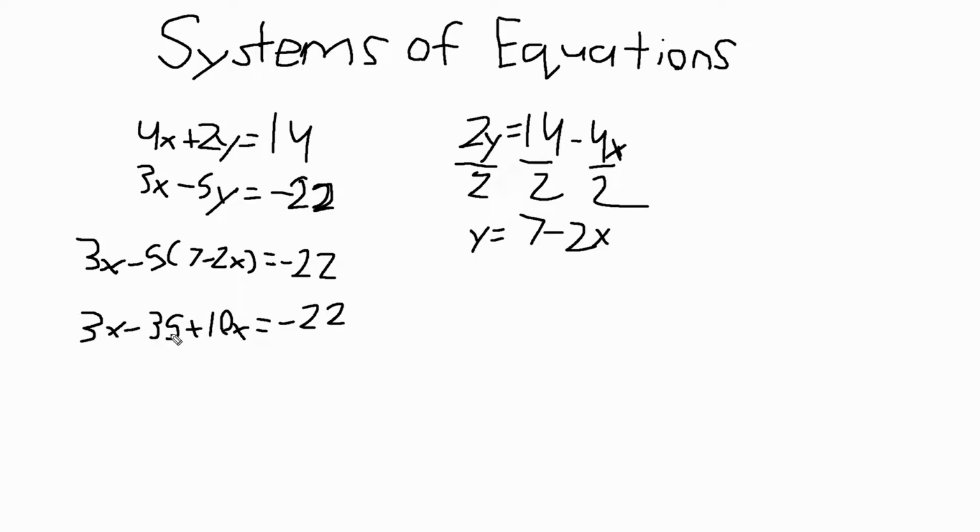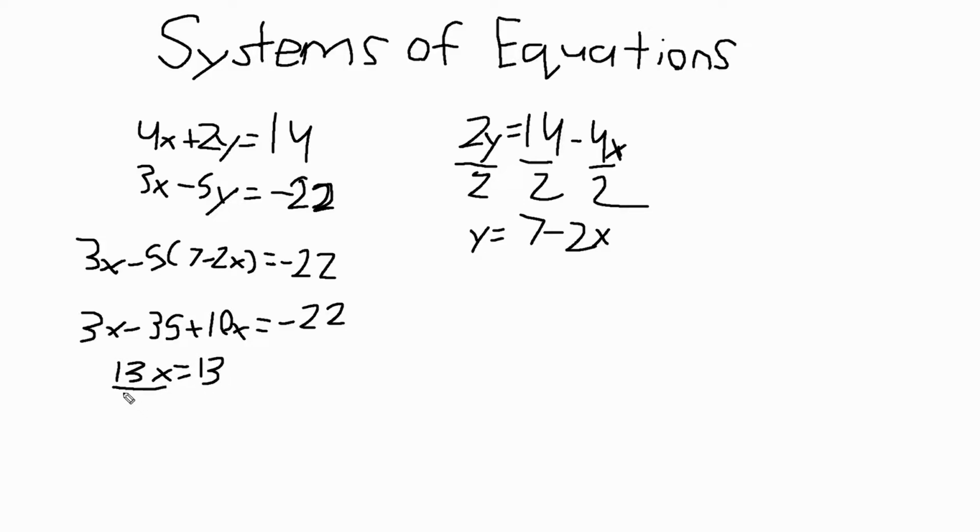So 3x and 10x is 13x, and if you add 35 to negative 22, you get 13, because you have to cancel out a negative 35 with a plus 35. So 35 plus negative 22 is 13.